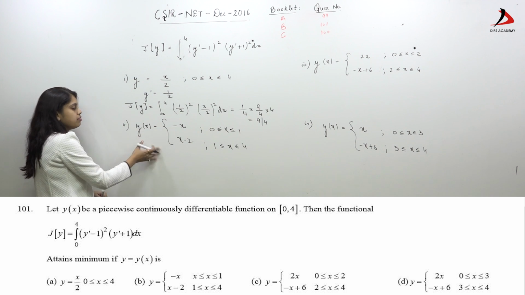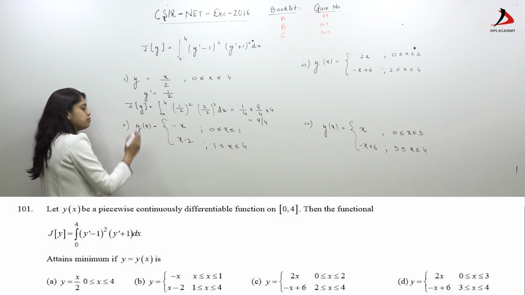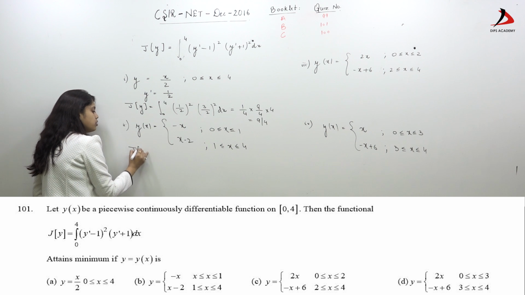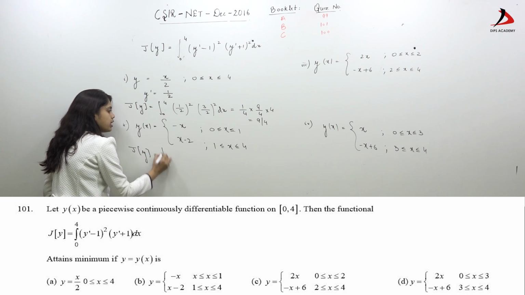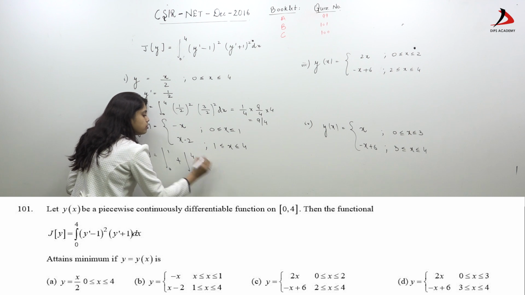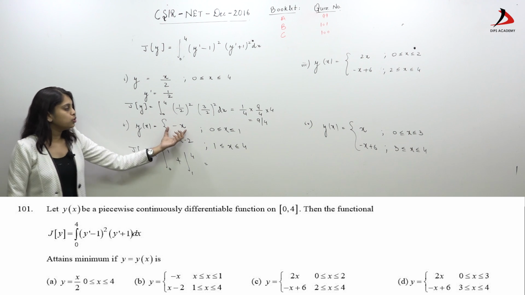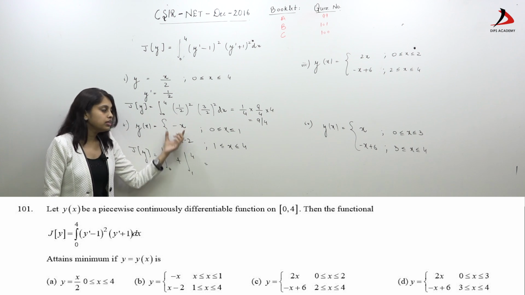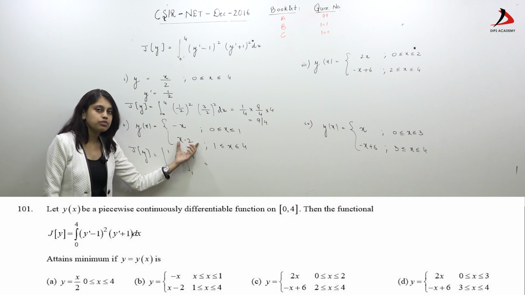Now in the second option I have this kind of extremal. For this, I need to divide my functional into 2 parts, 0 to 1 plus 1 to 4. When I put the values, from 0 to 1 y dash will be minus 1, and from 1 to 4 y dash will be 1.